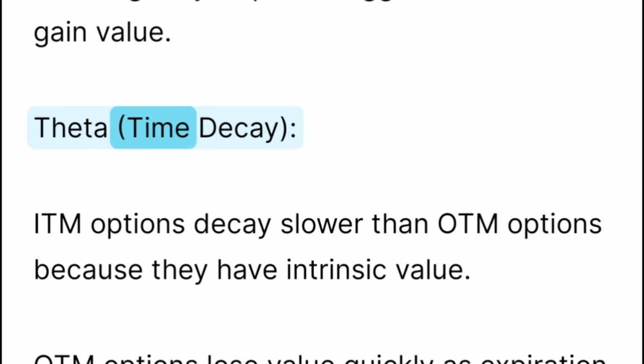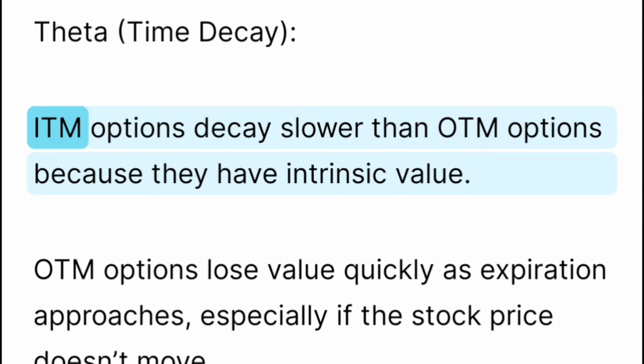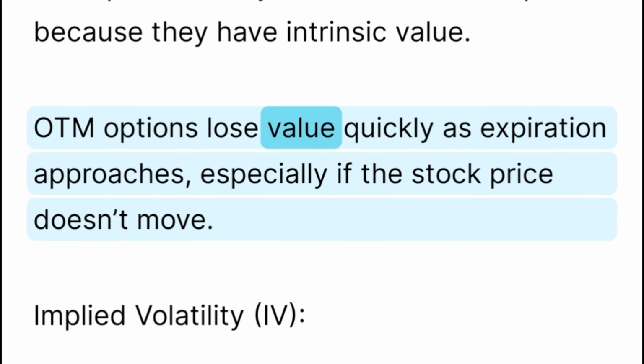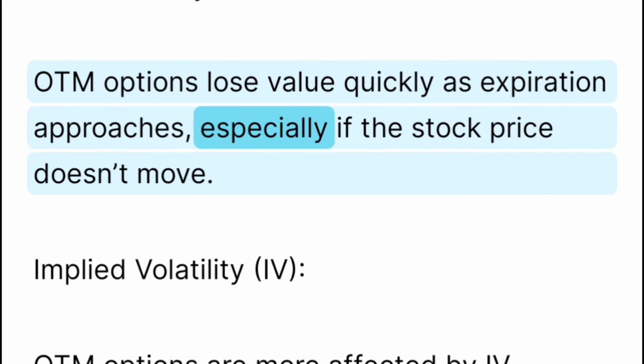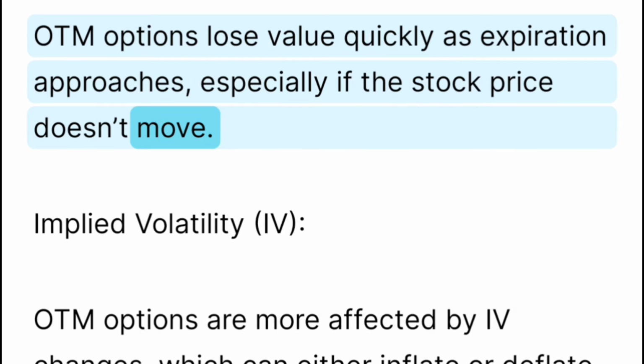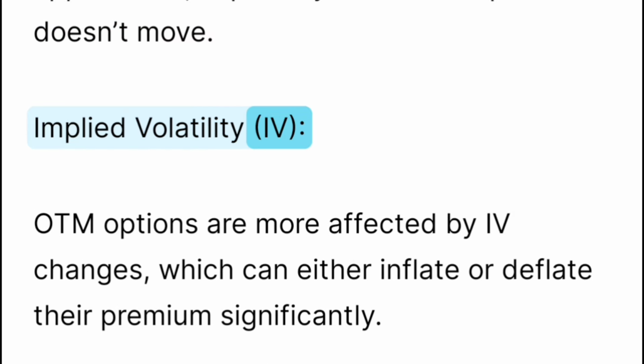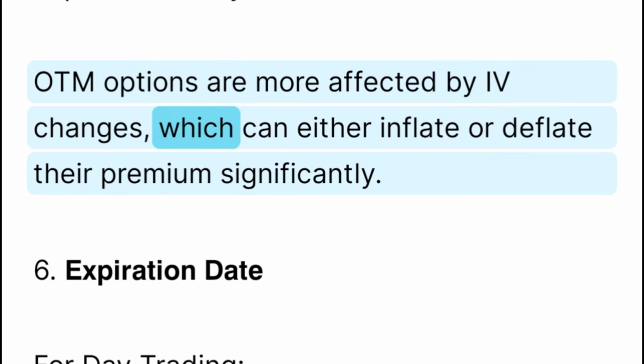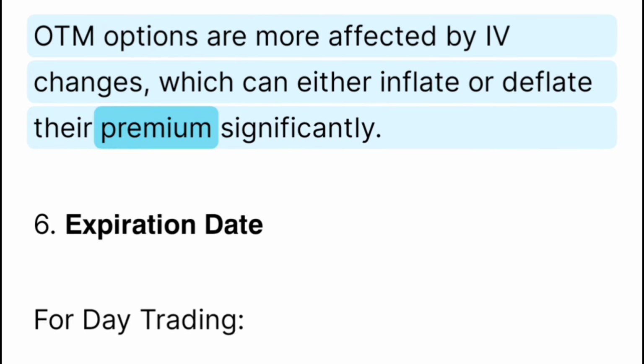Theta, time decay: ITM options decay slower than OTM options because they have intrinsic value. OTM options lose value quickly as expiration approaches, especially if the stock price doesn't move. Implied volatility, IV: OTM options are more affected by IV changes, which can either inflate or deflate their premium significantly.